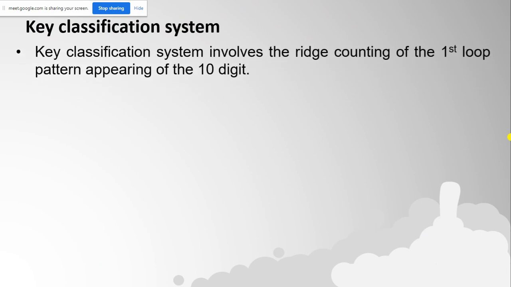Last is the key classification. What is key? Key is the ridge count of the first loop that is encountered while classifying a 10-digit classification system. So suppose there is a fingerprint pattern which is having arches in the first 4 fingers, whorls in the next 3 fingers, and it has the first loop in the left index finger, so which is the 9th finger of the classification system.